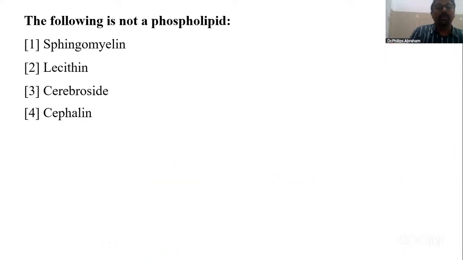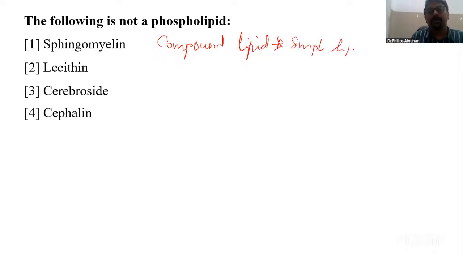Now, going to the next topic, lipids. When we classify lipids, we have simple lipids, compound lipids, and derived lipids. When we say compound lipid, it means simple lipid plus an extra group.